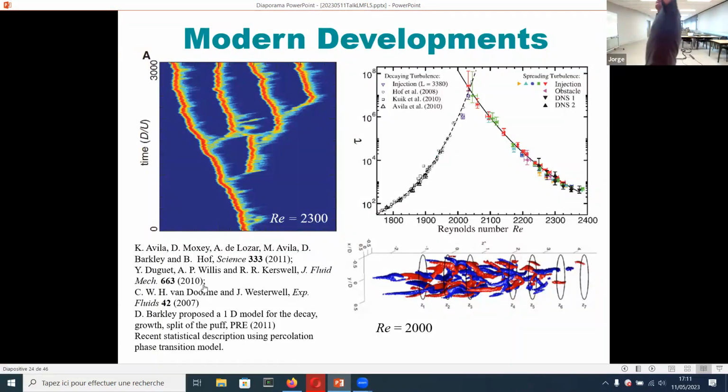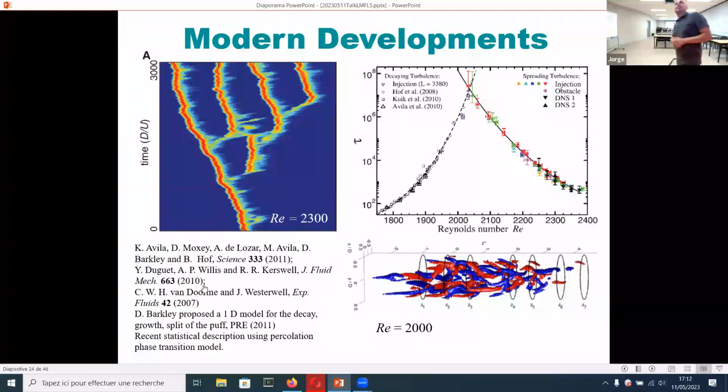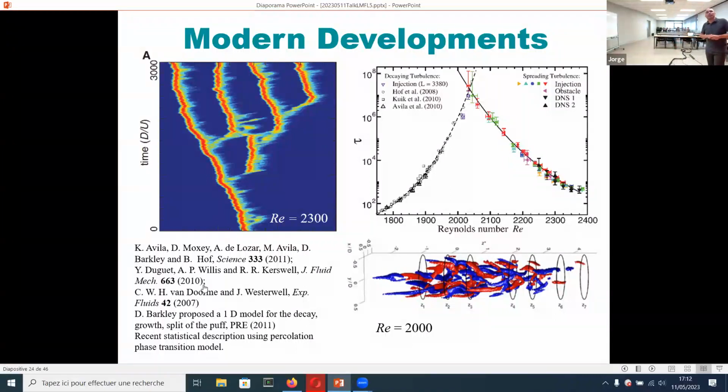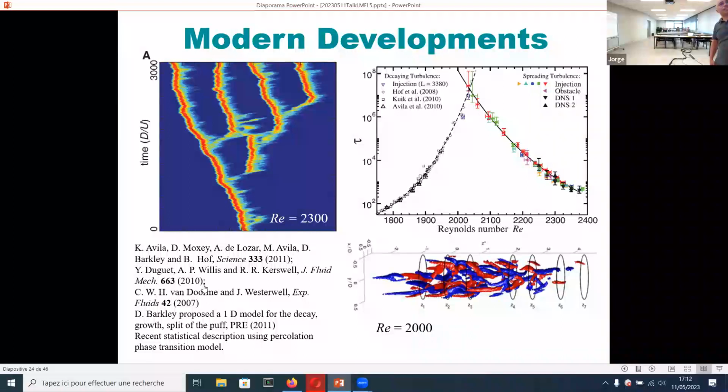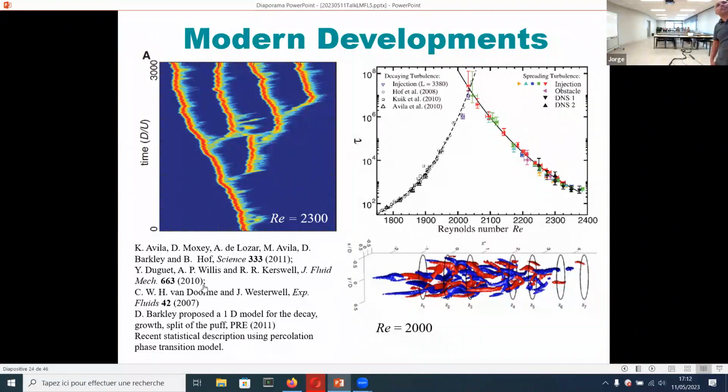They found that there is a critical crossing between these two phenomena, and that was reported in this Nature paper. And the splitting and the decay rate phenomena could be modeled by models developed by Dwight Barkley.